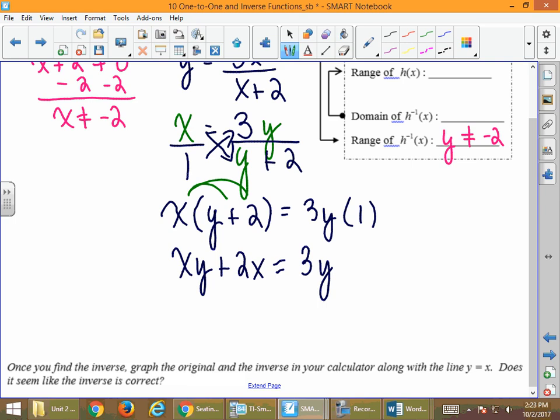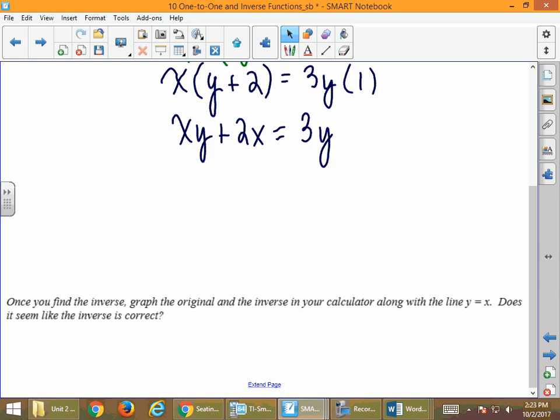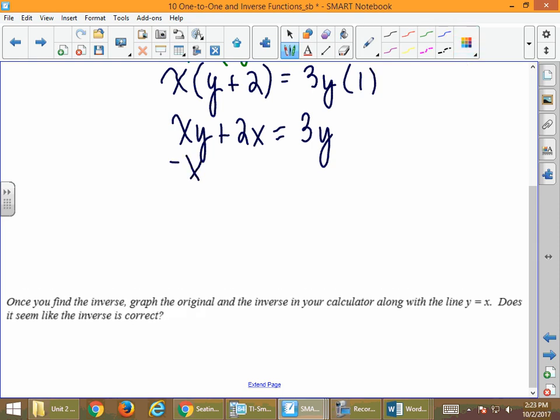And what we're trying to do here in step 3 is solve for y. But we've got a y on the left side, and we have a y on the right side that we need to deal with. So first of all, let's put them on the same side of the equals. So let's subtract xy from both sides.